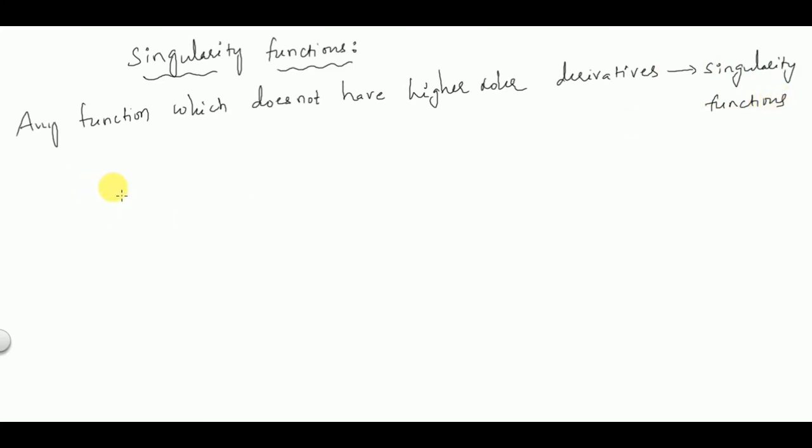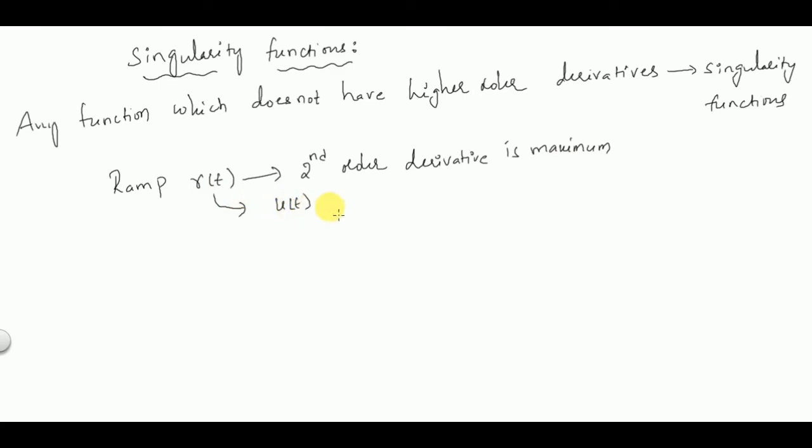Okay. So for example, if you take a ramp function r of t, its second order derivative is maximum. Because the first derivative of r of t gives you u of t, and the derivative of u of t gives you the impulse function. We'll discuss this impulse function later, and the derivative of the impulse function is always equal to 0.